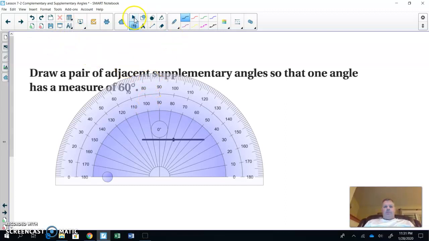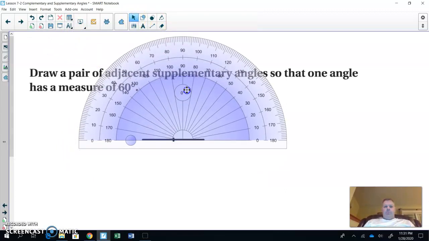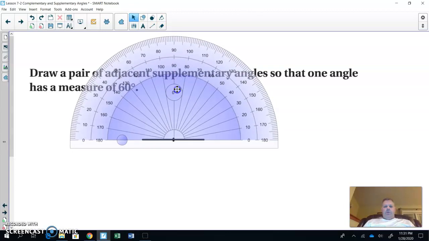I am going to set this so that we can set up a 60-degree angle. Here is my 60-degree angle. I am then going to draw my 60-degree angle to connect with this, like so.